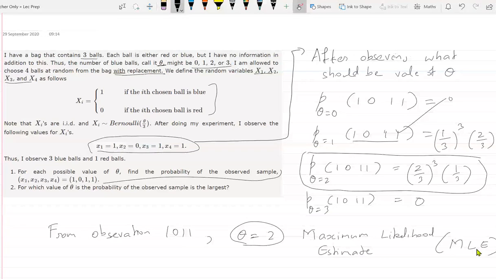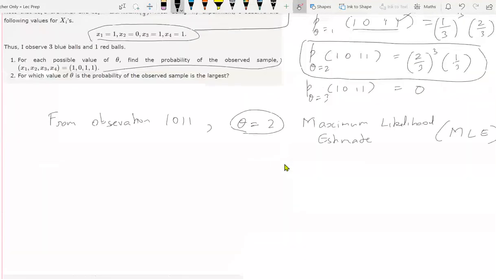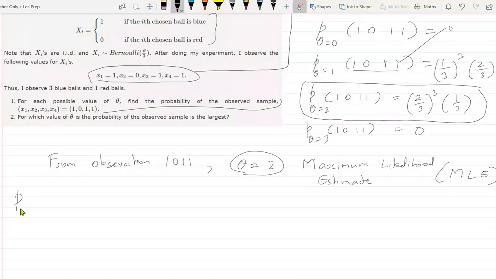So there is some distribution P theta with an unknown parameter theta. You are going to draw samples from the distribution.